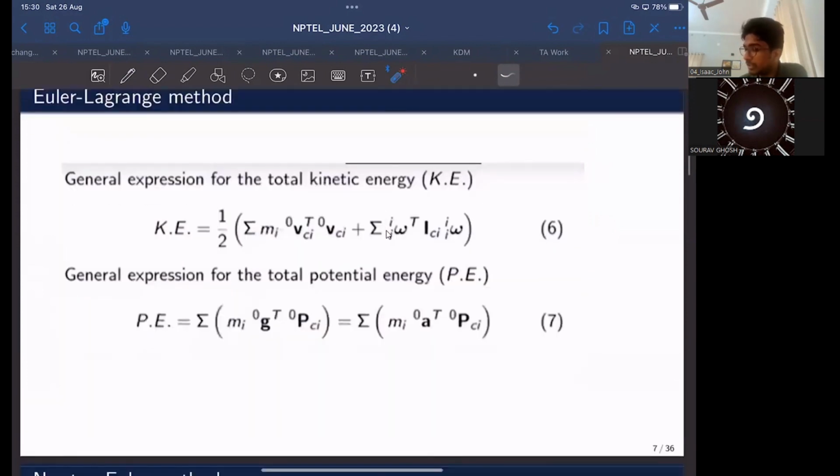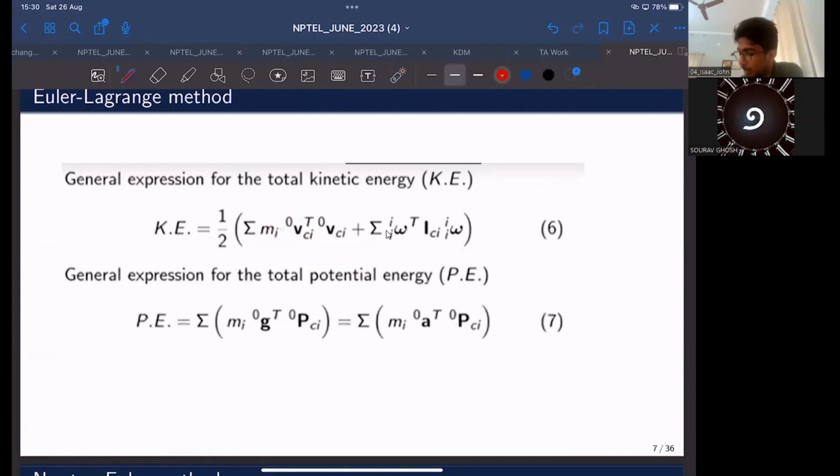Again, we have to find the general expression for the kinetic energy, which is nothing but the half m v squared term that we know so well. The term v_Ci is the velocity of the center of mass of a link.